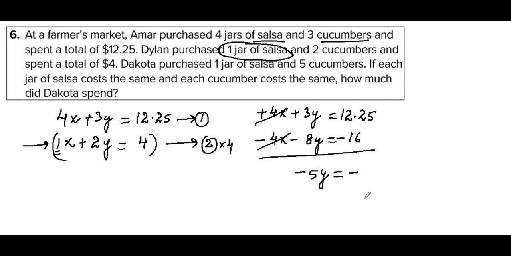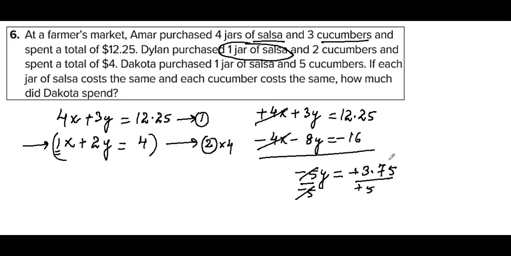So what will come here? 3.75. Now we have to divide it, and then we will get the value of y. Divided by minus 5, minus 5 and minus 5 cancel out, minus minus plus.